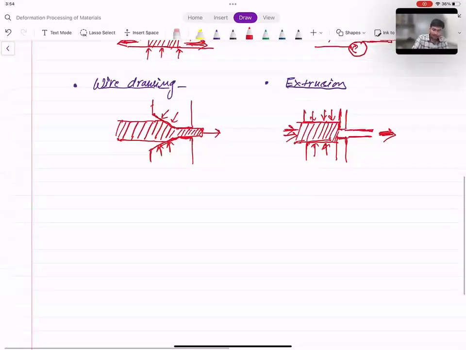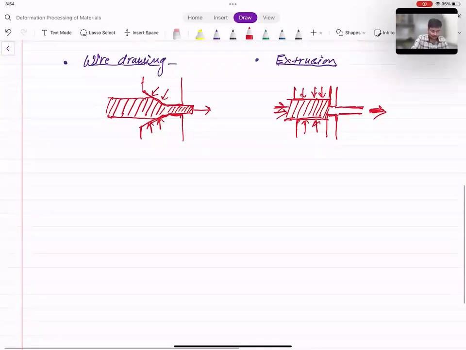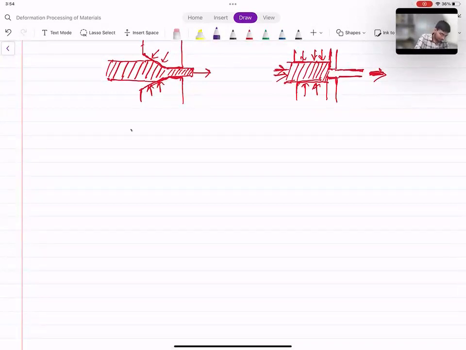Another process which falls in the category of this indirect compression type process is known as deep drawing. Deep drawing is sometimes also known as cup drawing because this process is used to form cups.